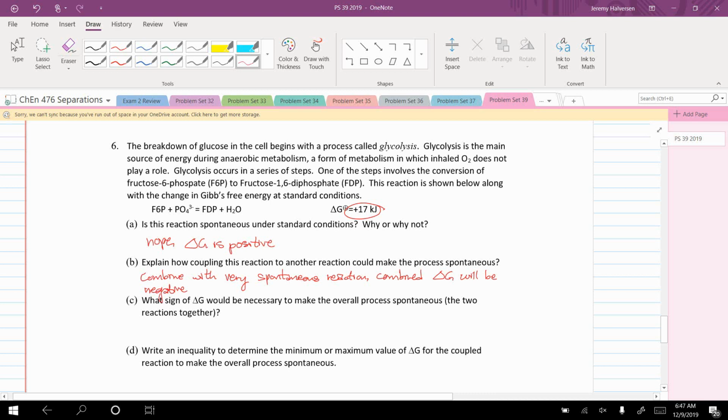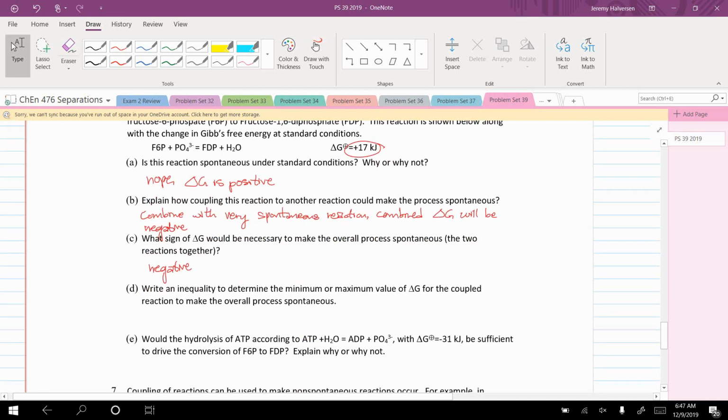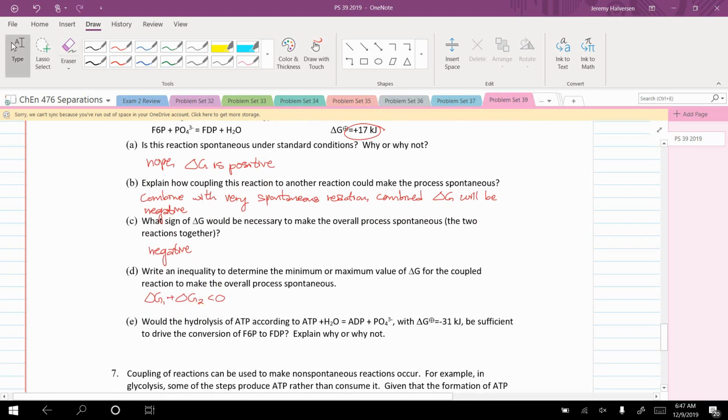What sign of delta G would be necessary to make the overall process spontaneous? Again, negative. That's what I just mentioned. Write the inequality to determine the minimum or maximum value of delta G for the coupled reaction. Alright, so we get delta G of reaction 1 plus delta G of reaction 2 needs to be less than 0. And we already know reaction 1.